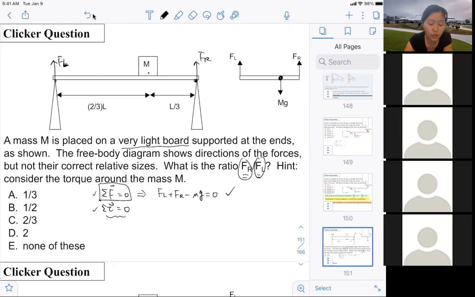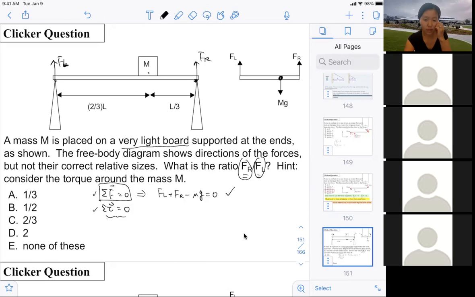All right, we will go for 10 more seconds. Any last minute votes?